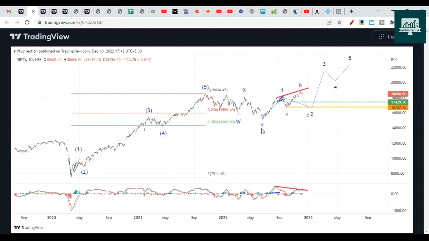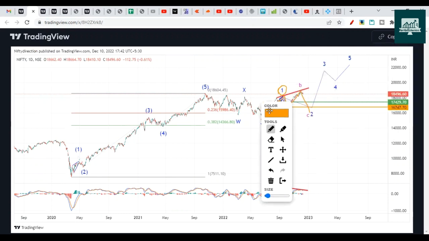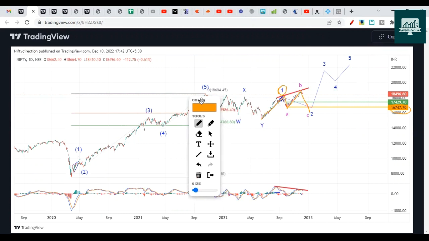So this is the way we are assuming that wave 1 completed here, and currently we are in wave 2 with an expanded flat correction, with a possibility to break 16,700, and 16,700 to 16,500 is a possibility as per this pattern. Then we'll have a sharp rally as a third wave, the fourth will consolidate, and the fifth will go up.